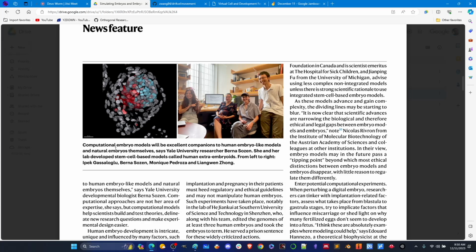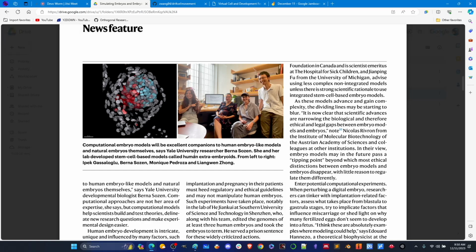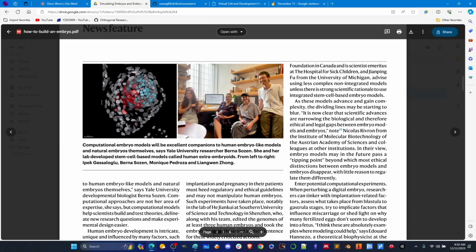So this is where we get these computational models, which I showed in the last image, but we also have these other types of embryoid models. We've talked about some of the embryoid models in humans and in primates. The embryoid models are these organoid-type models where you have stem cells and you do directed differentiation on the cells, and you develop different tissues.